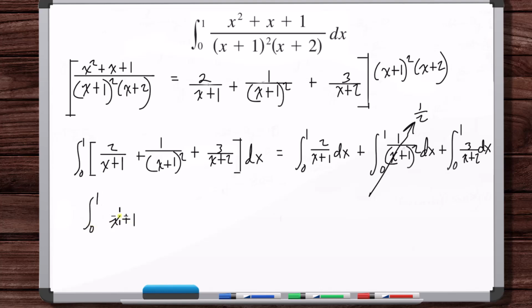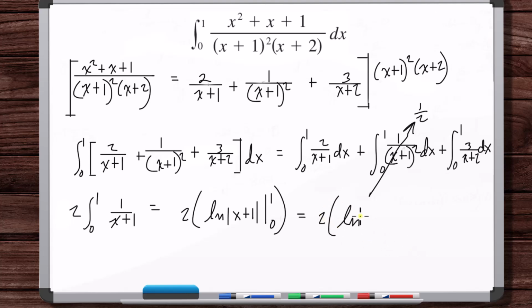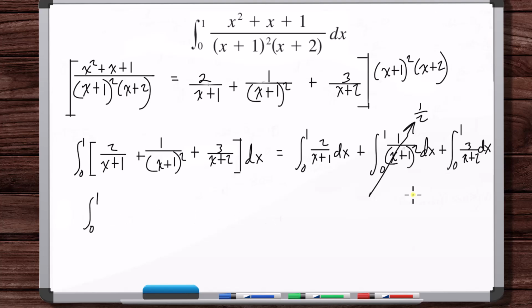So we've got, now let's do, so this is 2 natural log of the absolute value of x plus 1. So 2 natural log of 2 minus natural log of 1, so 2 natural log of 2.